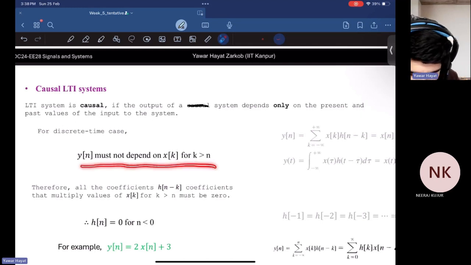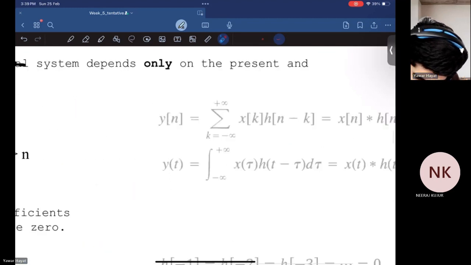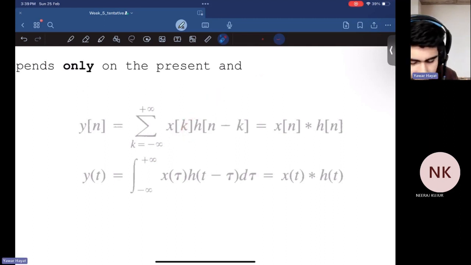Because y of n should not depend on those x of k's. So this x of k would be 0 if k is greater than n.